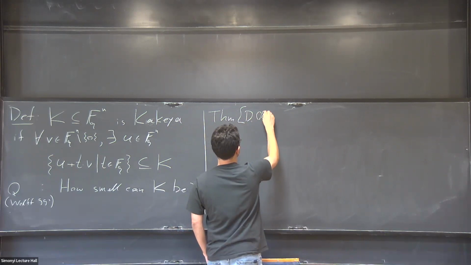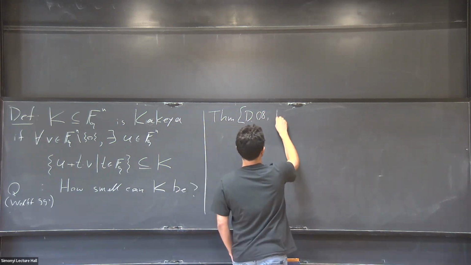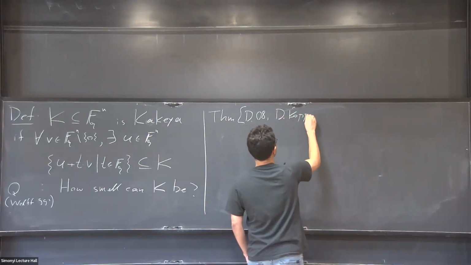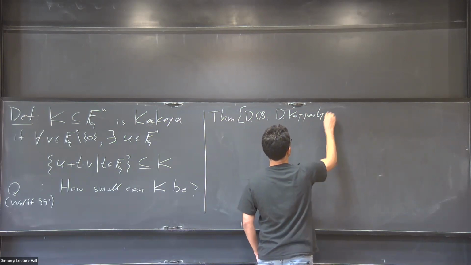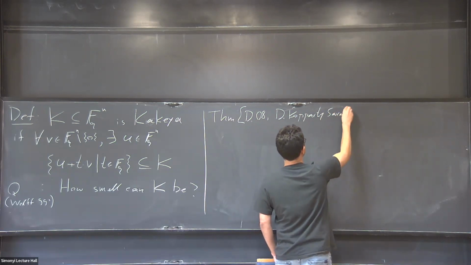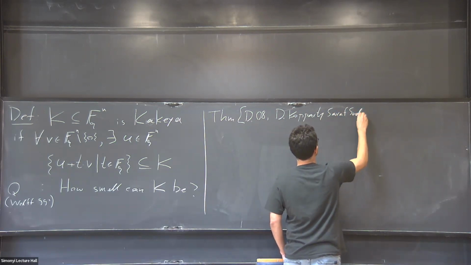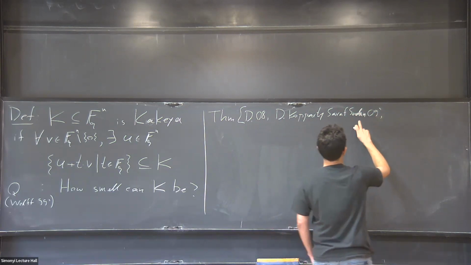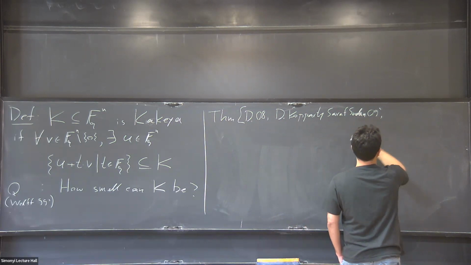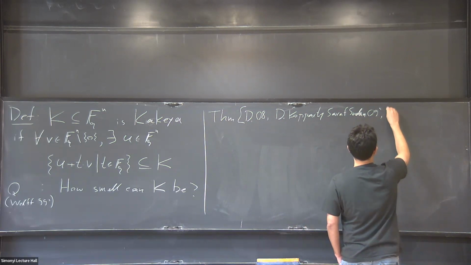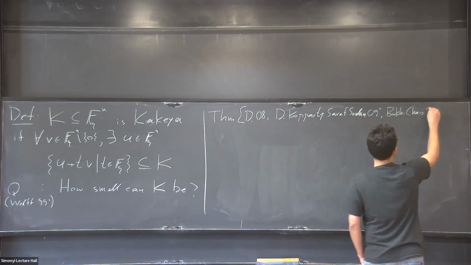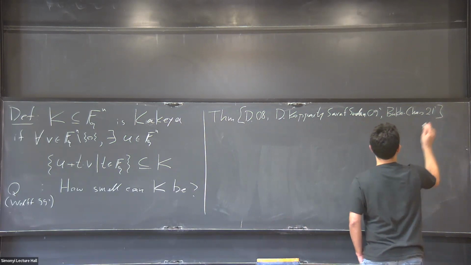I had the first one, then with Kopparty, Saraf, and Sudan. That was a bit later, with a better constant in the theorem, and then finally Bukh and Chao. Just a couple of years ago, they got the optimal constant.